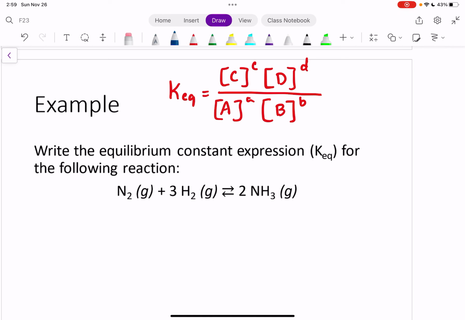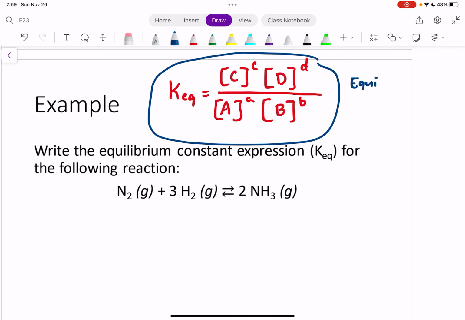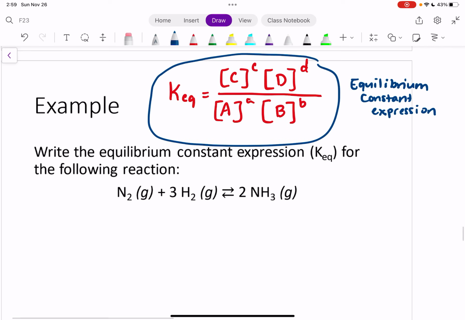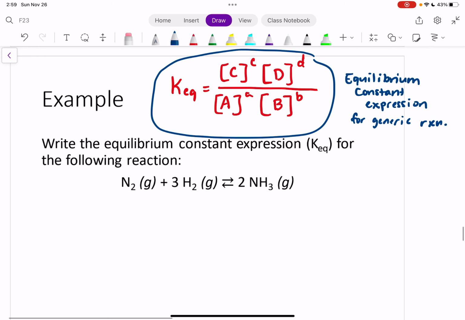That's what this whole thing is called, the equilibrium constant expression for the previous generic reaction. But we want to write a specific equilibrium constant expression for our own reaction that we're looking at.